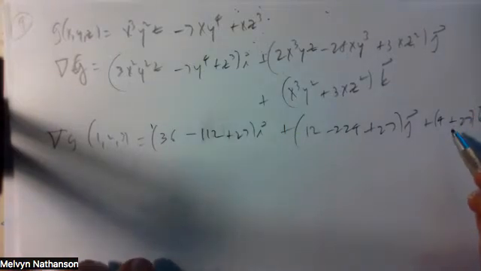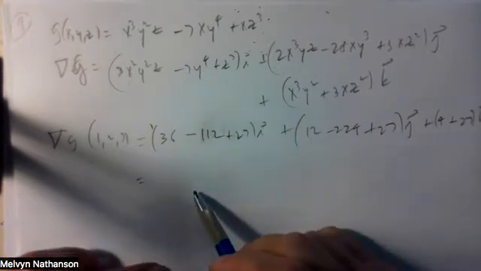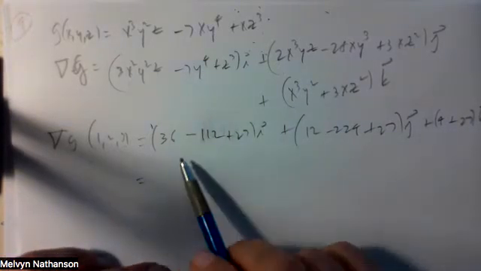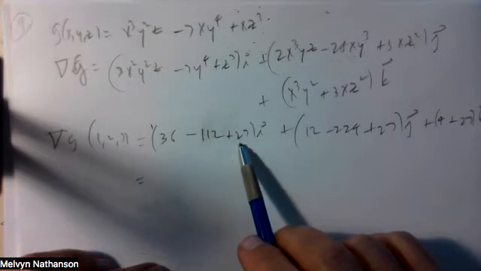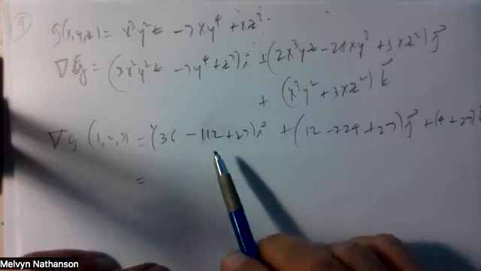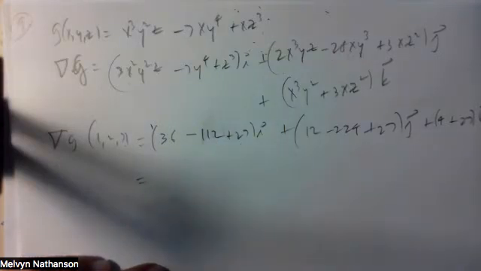So let's see, whatever this is. I don't know, 36 plus 27 is 63 minus 112. If you subtract, I think you get minus 49.